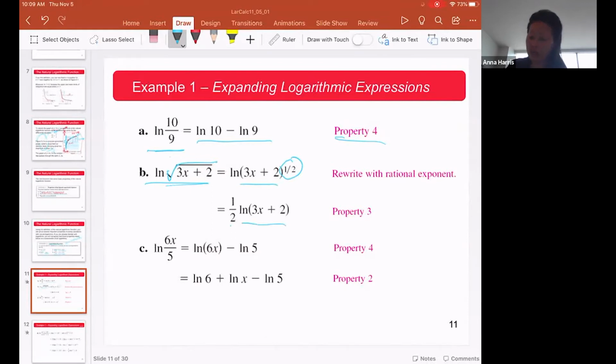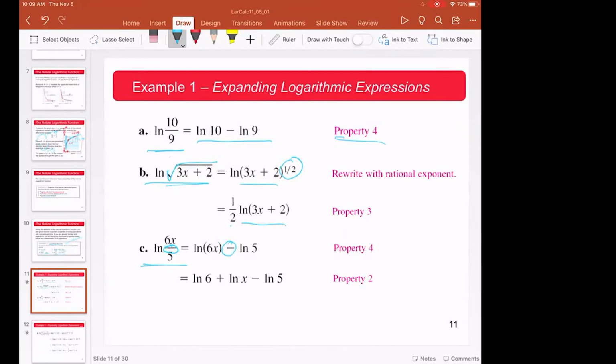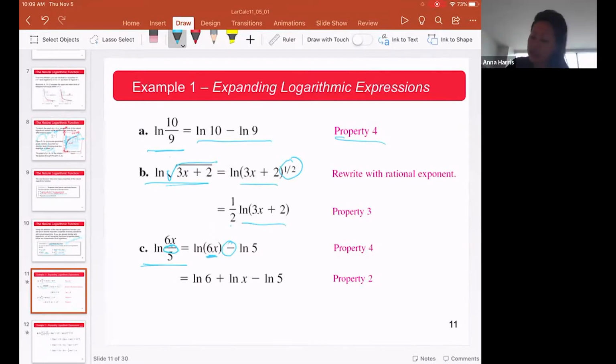All right, next one. If I give you natural log of 6x divided by 5, first thing you're going to do is make the division into a minus, making it two parts. Now looking at the 6x, 6x is the same as 6 times x. So if it's times, you can make it into a plus. So when you completely expand it, this is what you have.